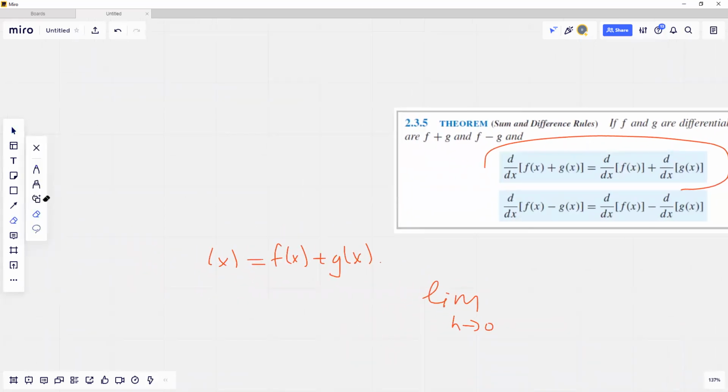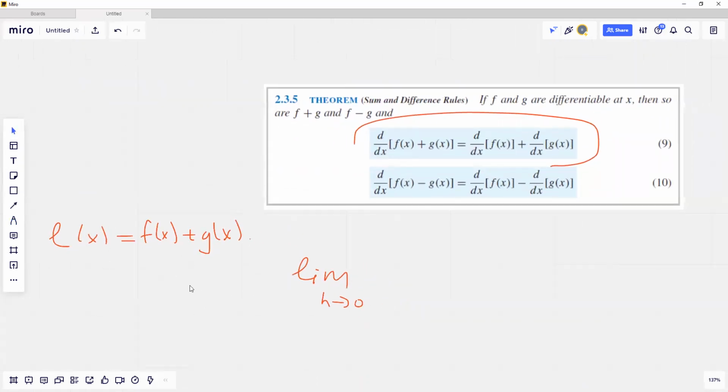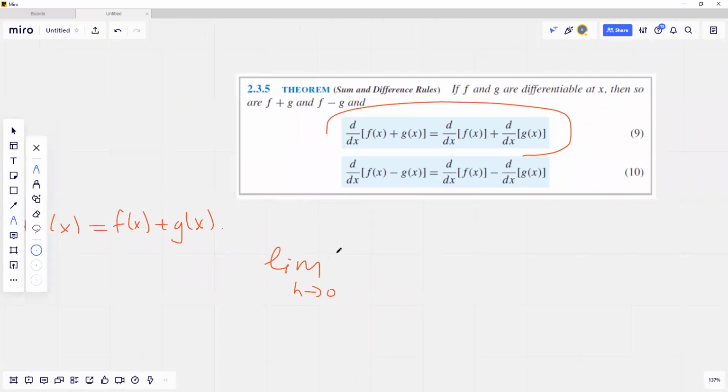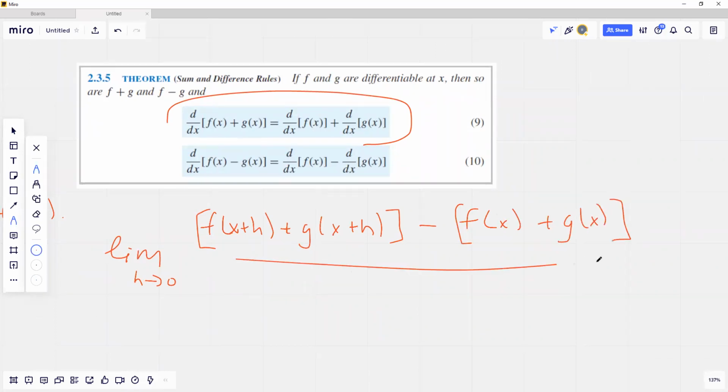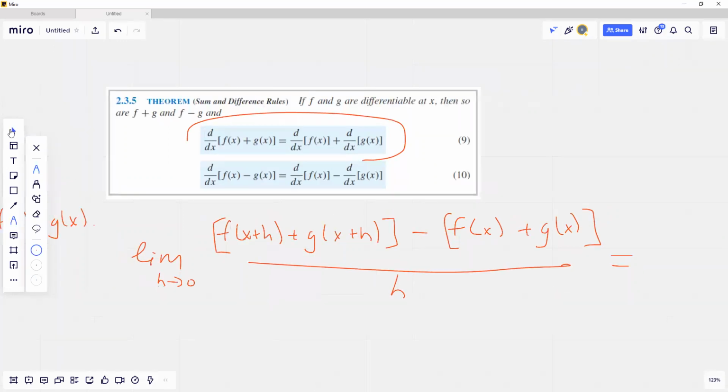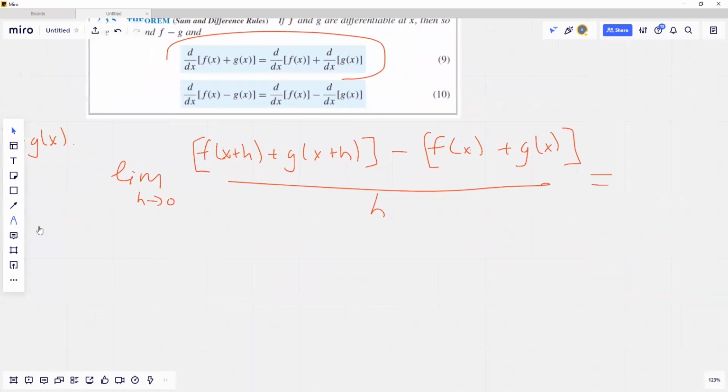In fact, instead of h, let's use L. L of x, then L of x plus h is defined as f of x plus h plus g of x plus h, minus L at point x, which is defined as f of x plus g of x, divided by h. We need to find that limit here.